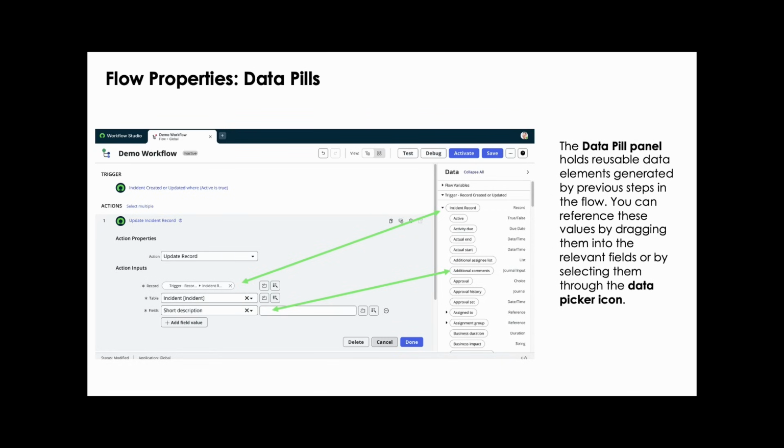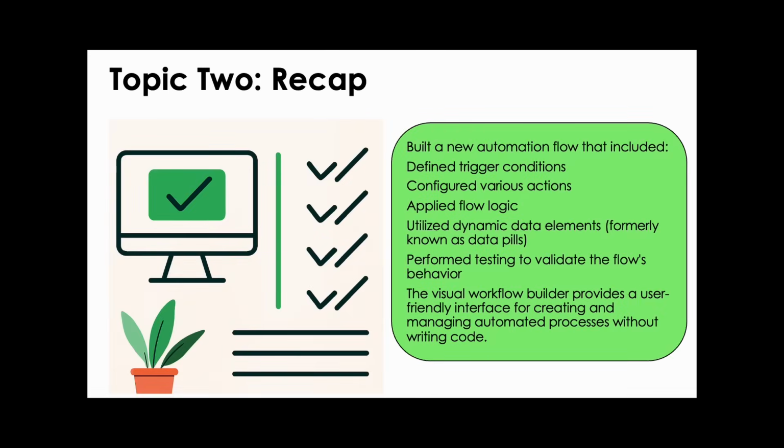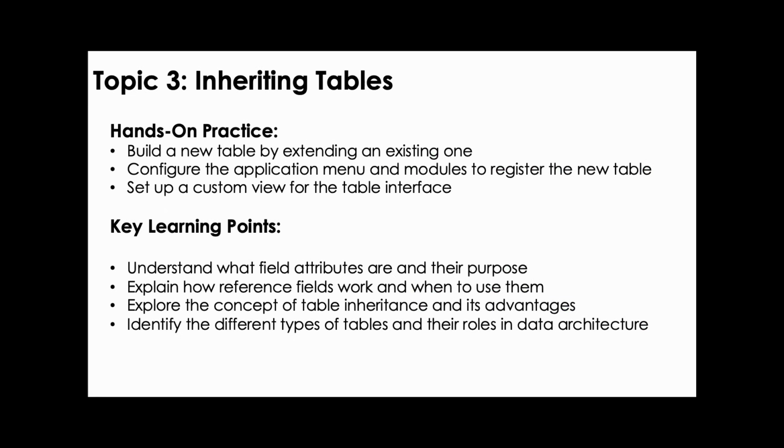So here, these are the key takeaways. We managed to showcase the Flow Designer, a non-technical interface for building or enabling process automation. You created a new flow, and you managed to also witness how to test the flow. So on this next slide, we'll be showing how to extend tables.